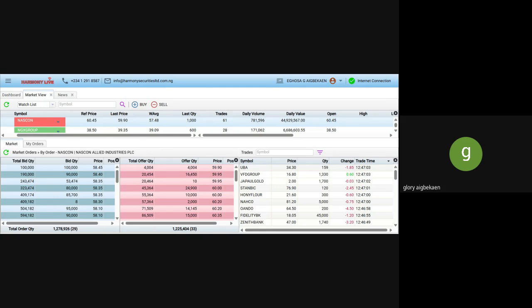Then in 2022, they made 2 naira and 6 kobo, where they were gradually going up. In 2023, they made 5 naira and 19 kobo.